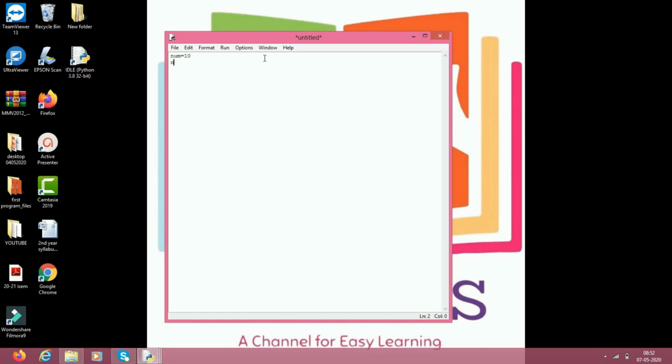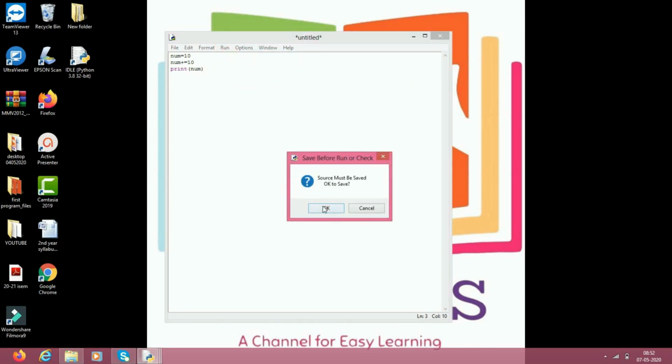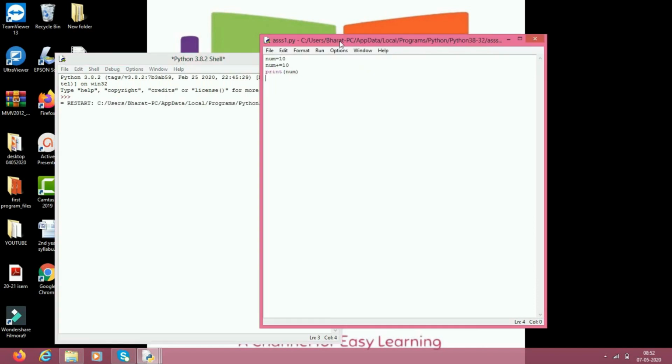Num plus equals 10 means you are adding 10 to the number, that means 10 plus 10, now it becomes 20. You check that. So previously num equals 10, you apply plus 10 to num, so it is 20. Now num equals 20.